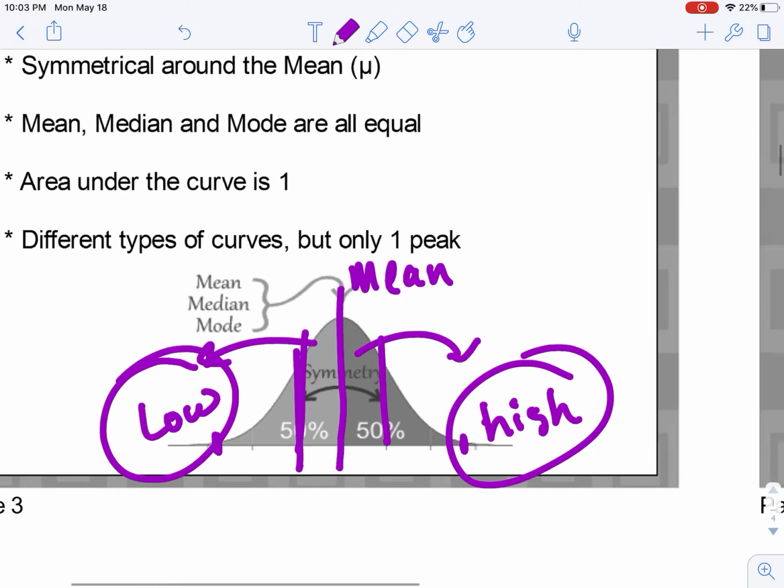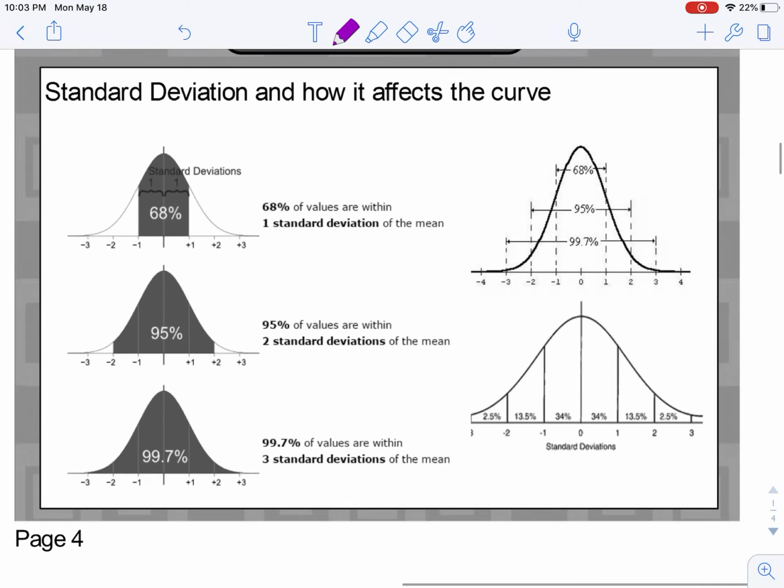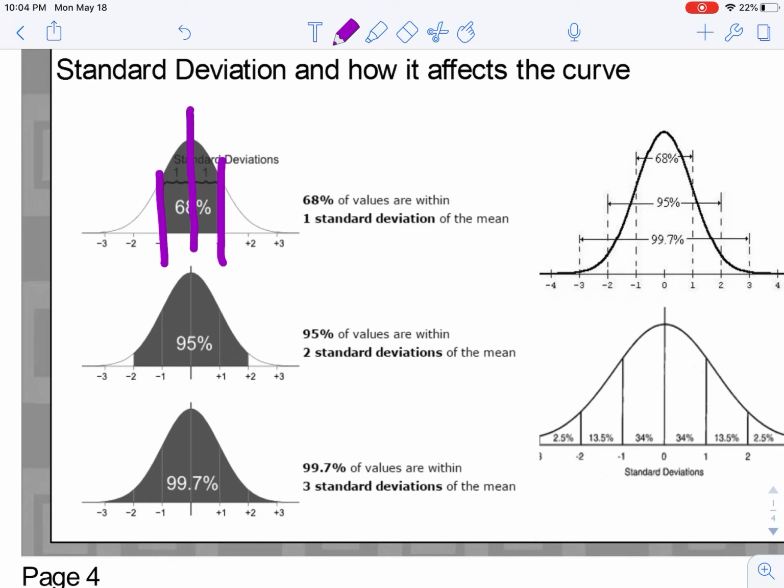Now what do I mean by most people? In between one standard deviation. Here's the middle, and if you go one this way and one this way, that's 68% of the people fit right in the middle of that. When you go two standard deviations, what does that mean? You make two jumps, two jumps this way and two jumps that way.